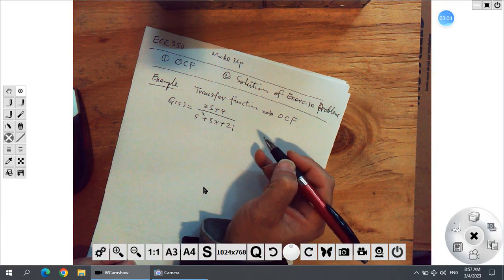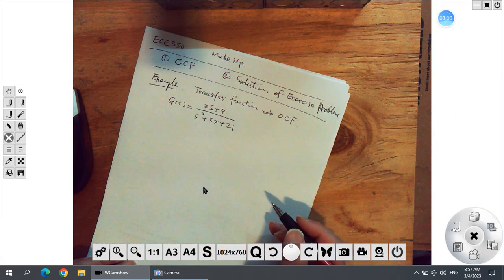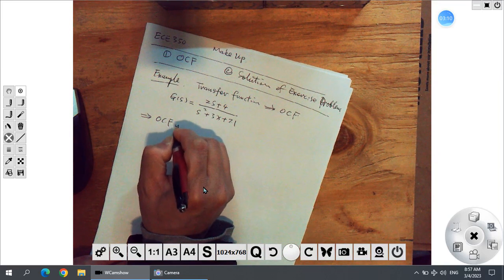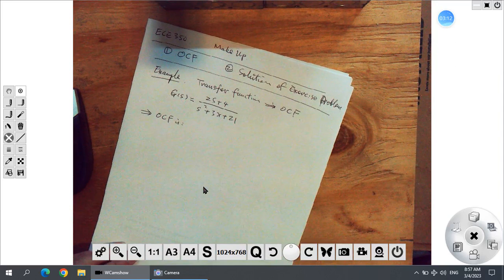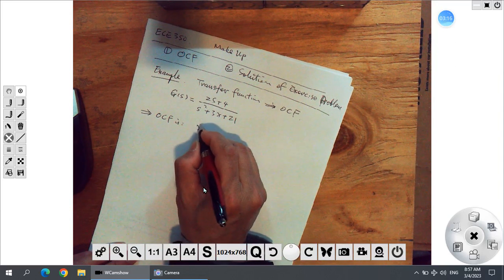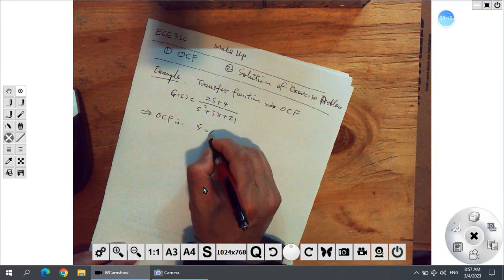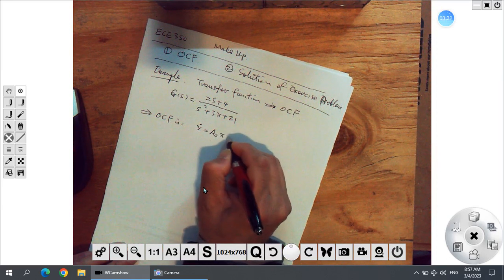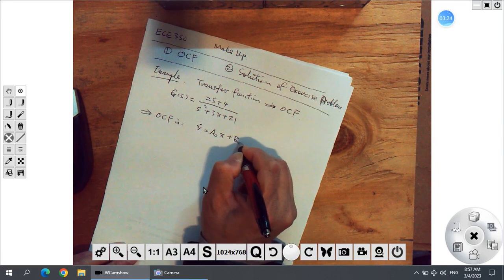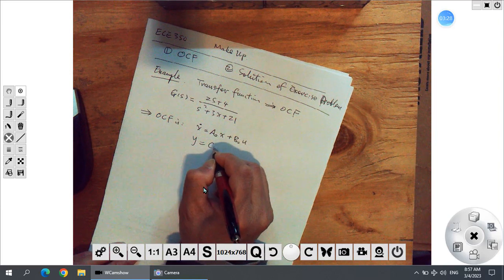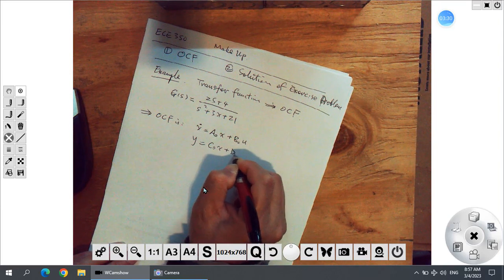Then what is the OCF? The OCF will be x dot equals AO x plus BO u, and y equals CO x plus DO u. I put O here to mean OCF.